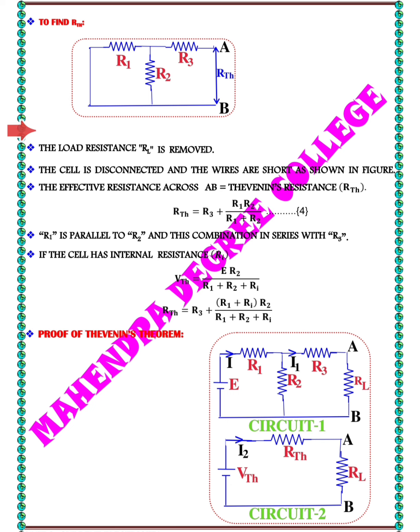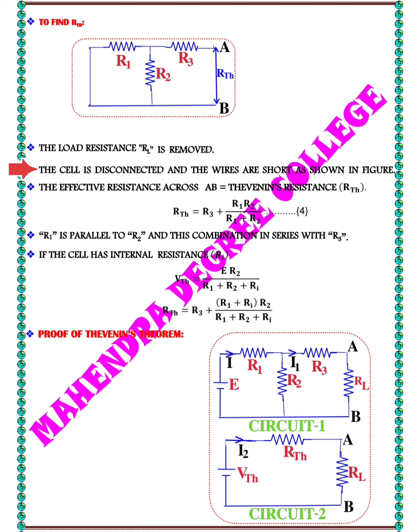The load resistance RL is removed. Simply, the load resistance is disconnected from the terminals A and B. The cell is disconnected and the wires are shorted as shown in the figure.